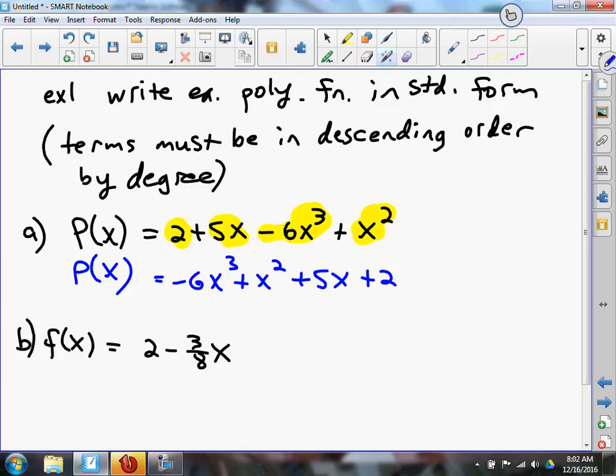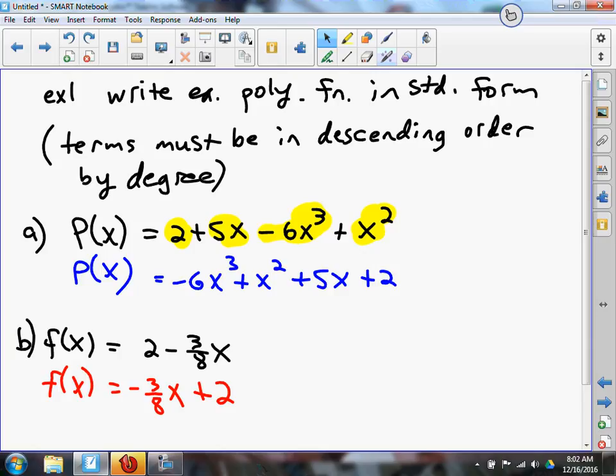So number b here, f of x equals 2 minus 3/8 x. What's that one going to look like in standard form? F of x equals negative 3/8 x plus 2. Okay, that's it. Biggest exponent term first, next biggest exponent term next. Easy enough? Good.